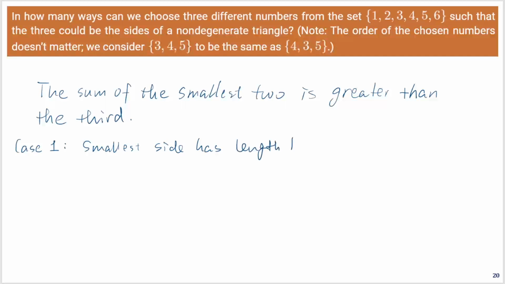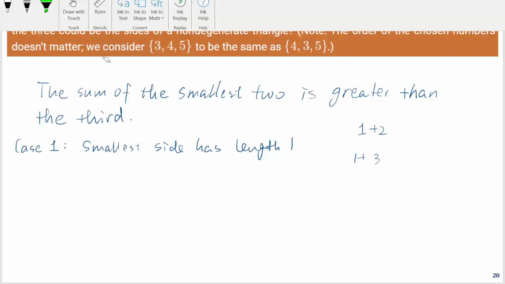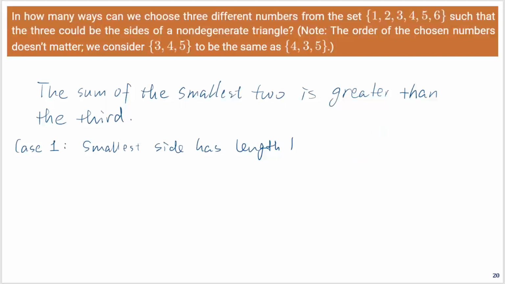In that case, no triangles can be made with 3 different lengths from our set, because 1 plus 3 cannot be larger than 4, 5, 6, right? So this is not possible. In that case, no triangles can be formed.